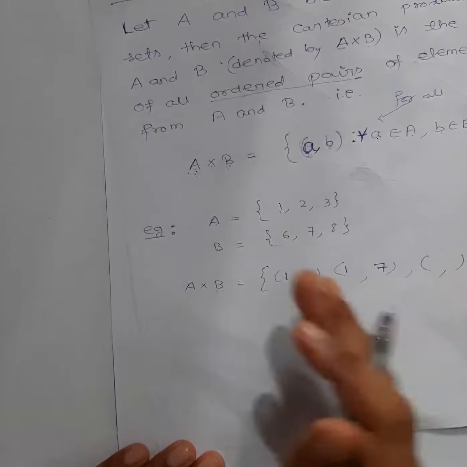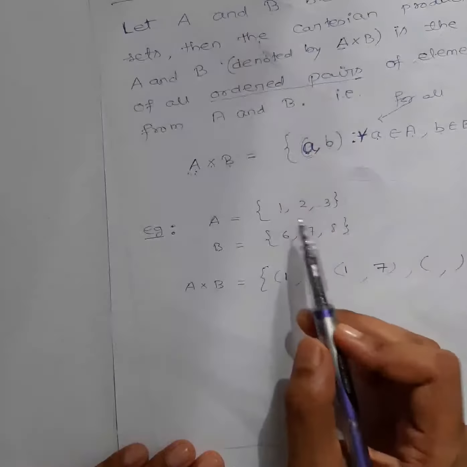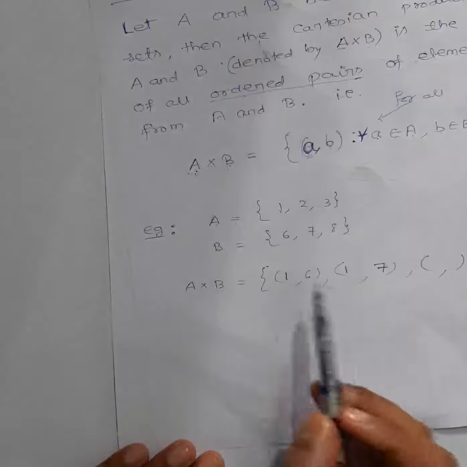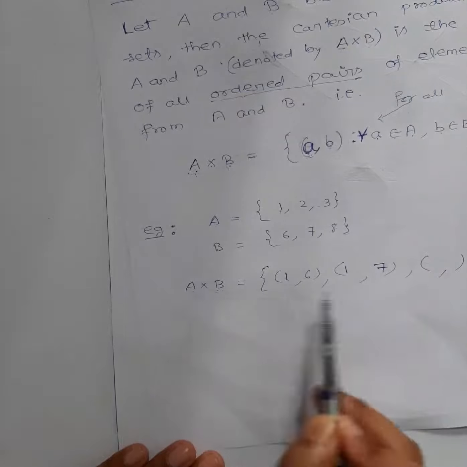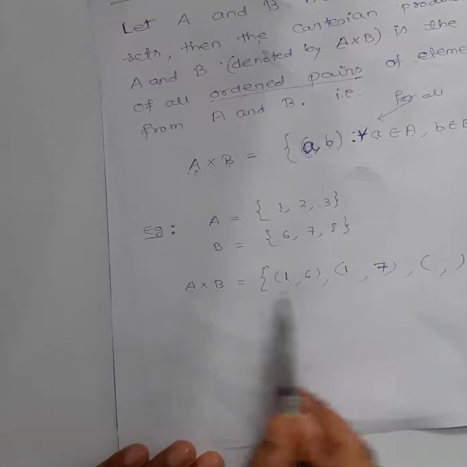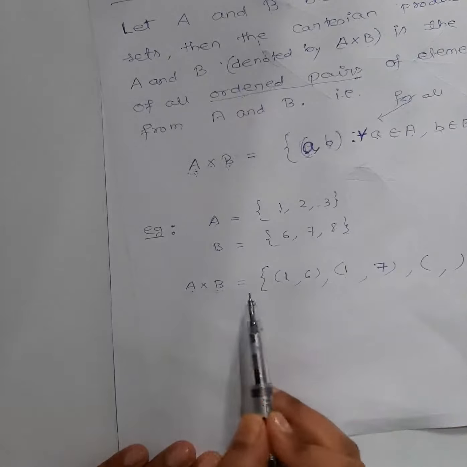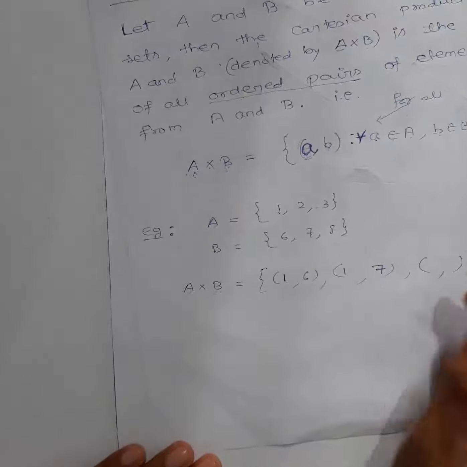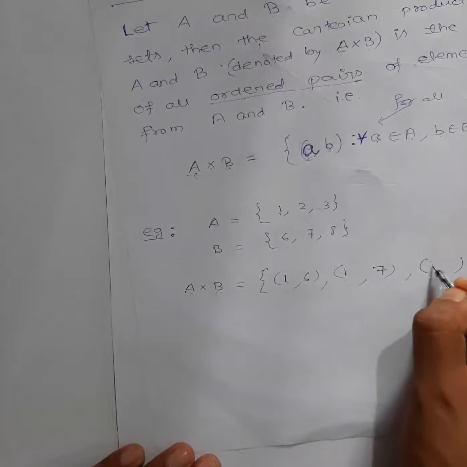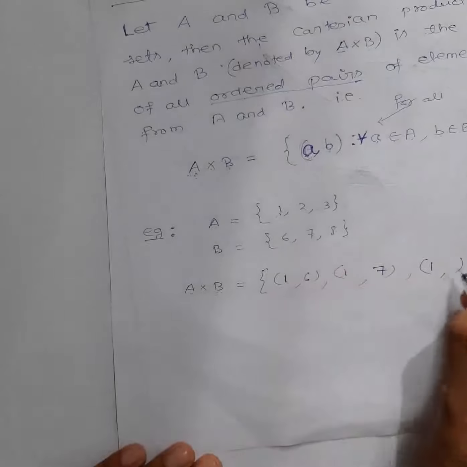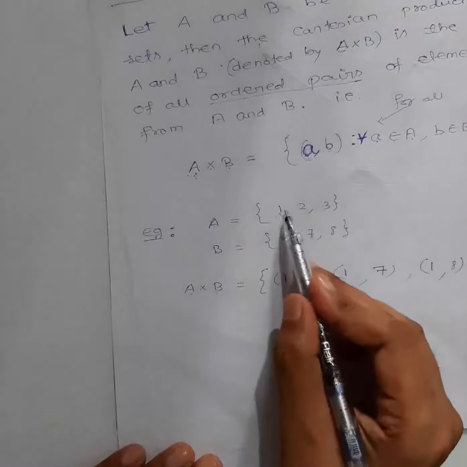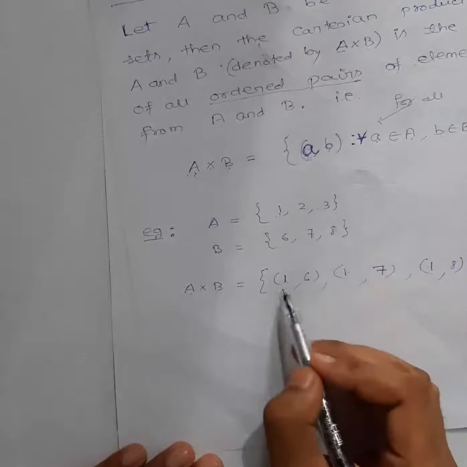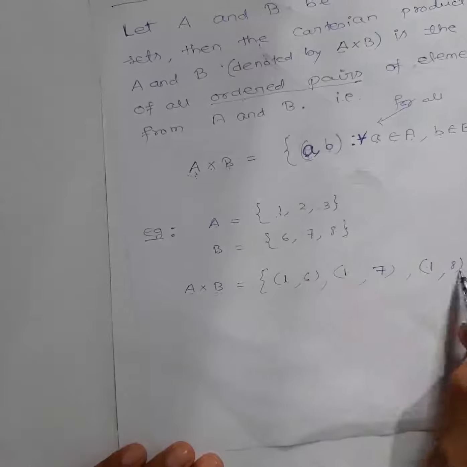Next pair means I am trying to make all possible pairs, okay? But remember, whatever pair you are making, the first element must be from the first set and the second element must be from the second set. All the possible pairs you make: (1, 8). You can see the first element is from the first set, and the second element I am taking from the second set.